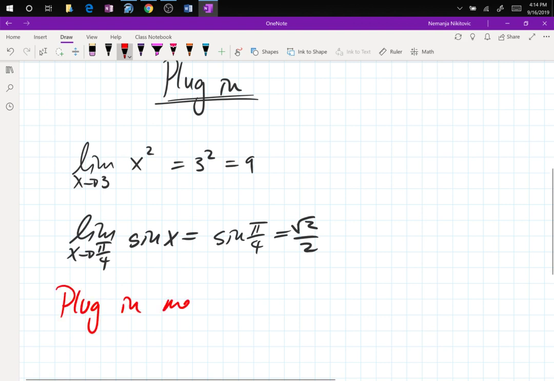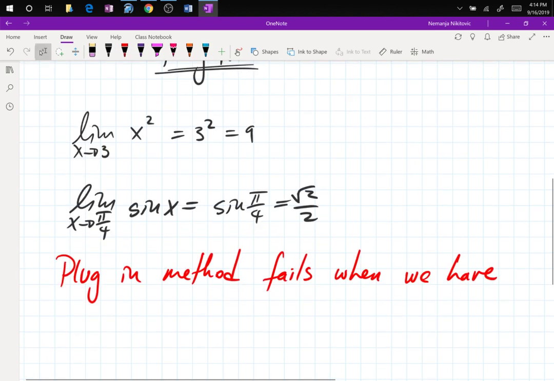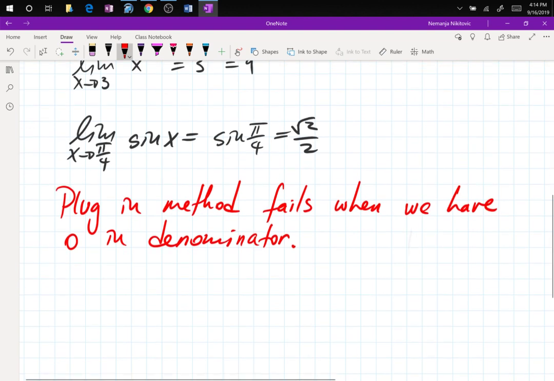Now here, I'm going to write this in blood. Plug-in method fails when we have 0 in denominator. It's not the only time when it fails, but most of the time in problems you have 0 in denominator and the plug-in method is not good anymore.